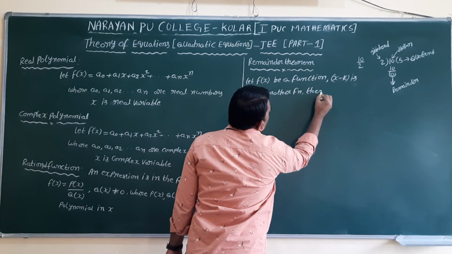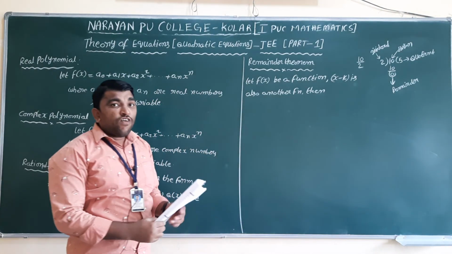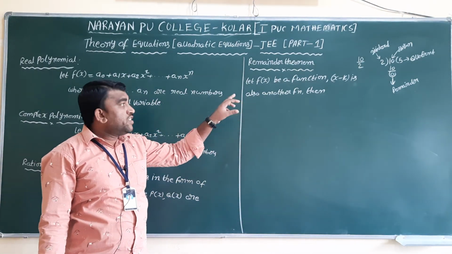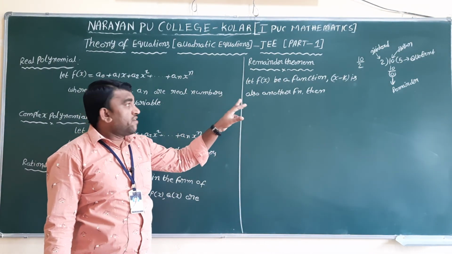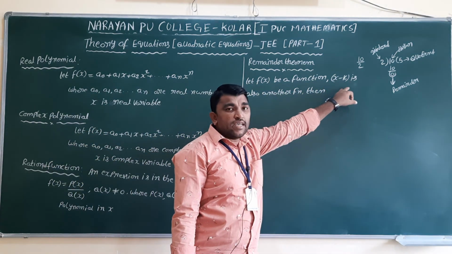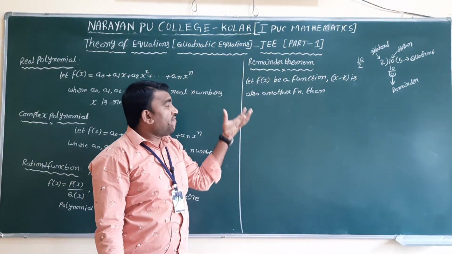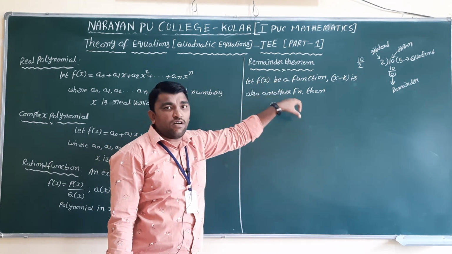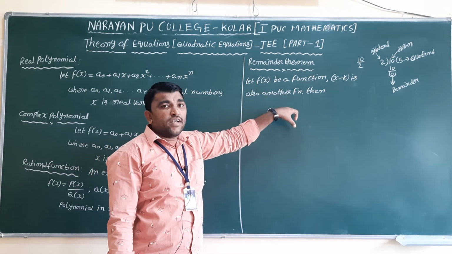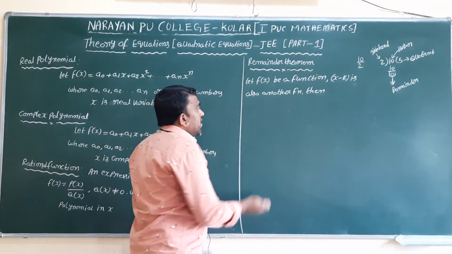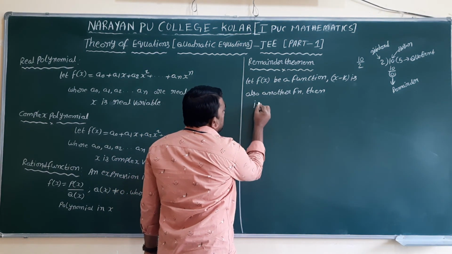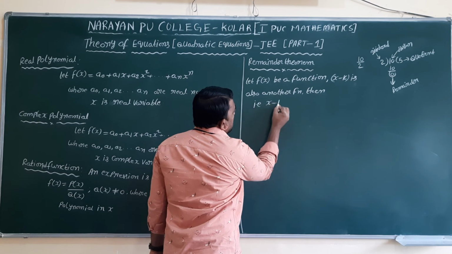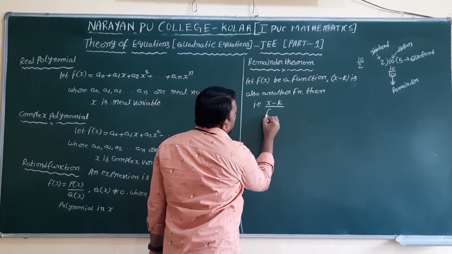Then if f of x is divided by x minus k, we get some remainder.